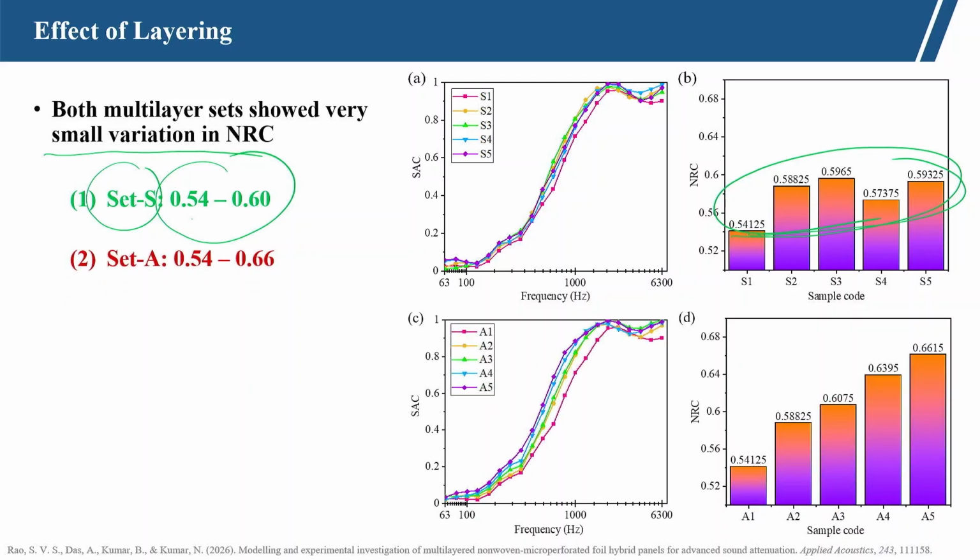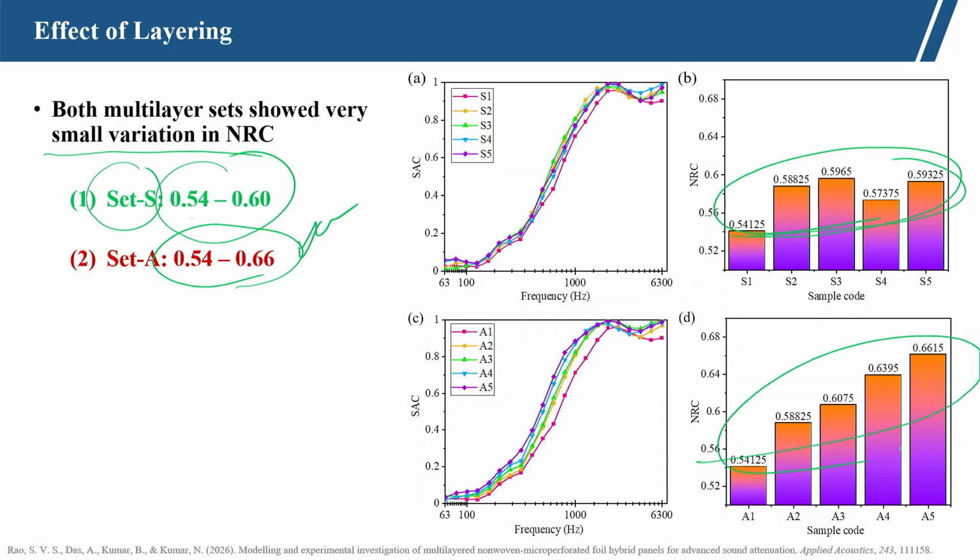And in set A, keeping the areal density constant, when we change the number of layers, again there is not much change, 0.54 to 0.66.